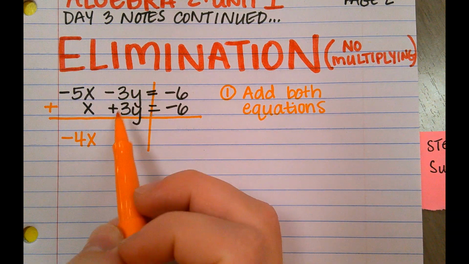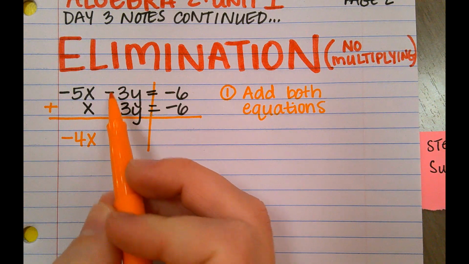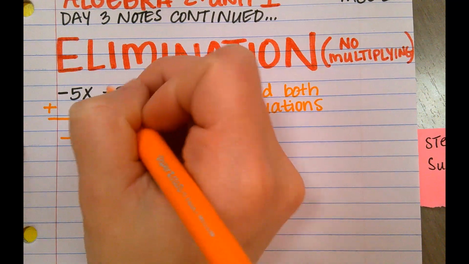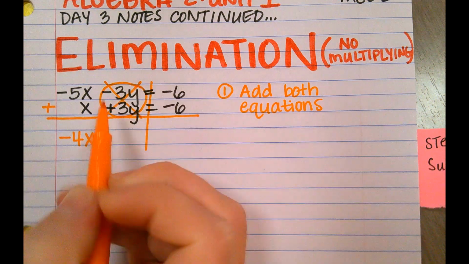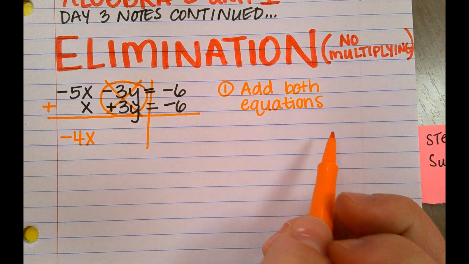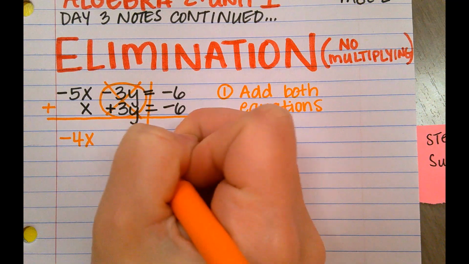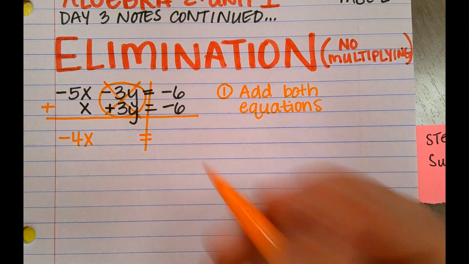If I have the same number, the same variable, and just different signs, those are always going to cancel out. These get eliminated. Bring down my equal sign. And now I have negative 6 plus negative 6. What is that? Negative 12.